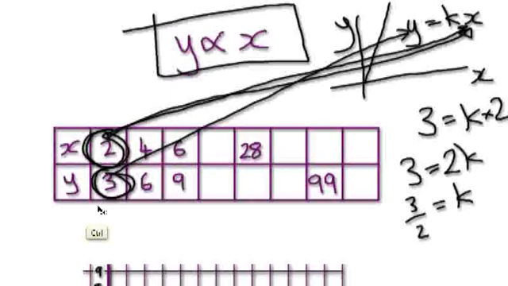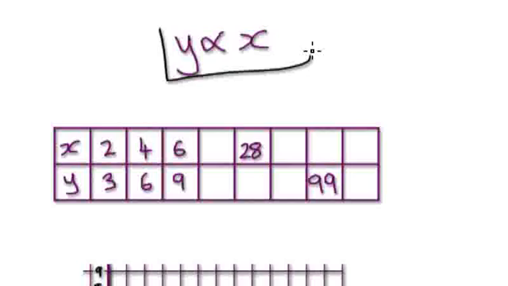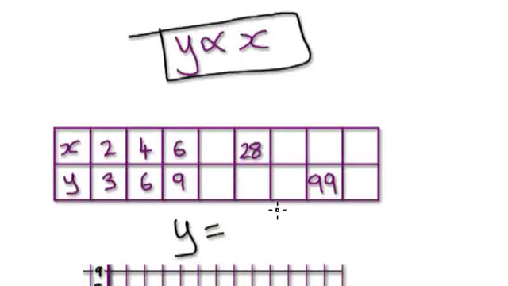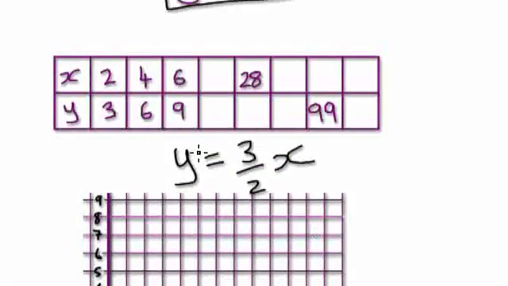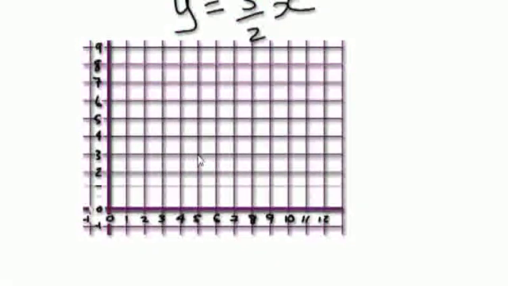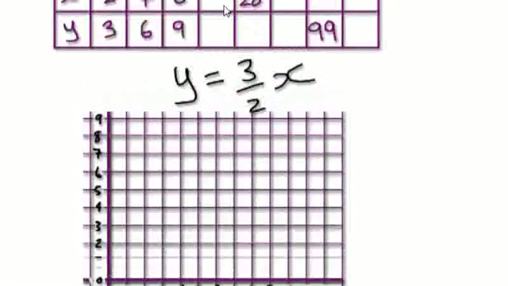So when you're told that y is directly proportional to x, and you're given these data points, you in effect have a graph of y equals 3 over 2x. Remember we plotted our graph, and it's a straight line, and that straight line is y equals 3 over 2x.